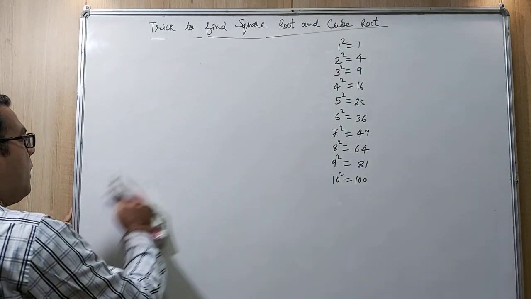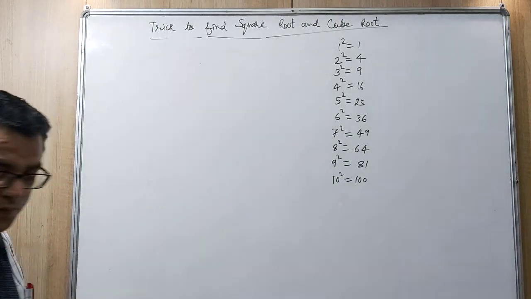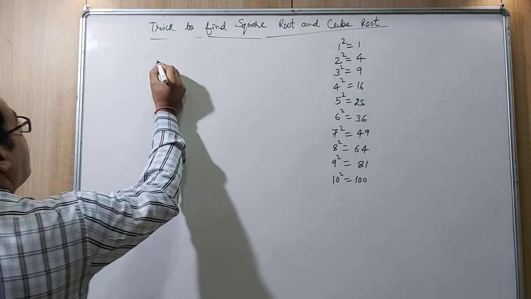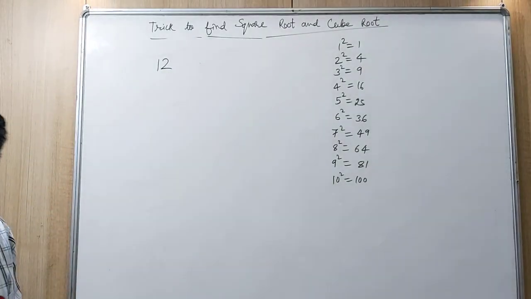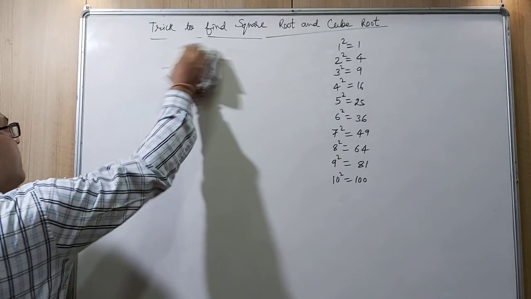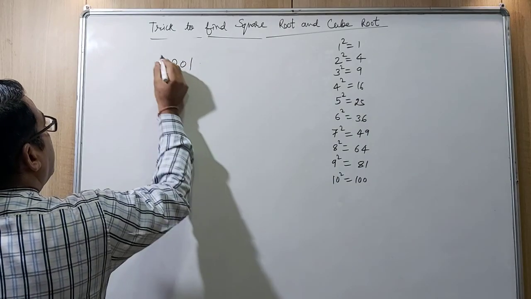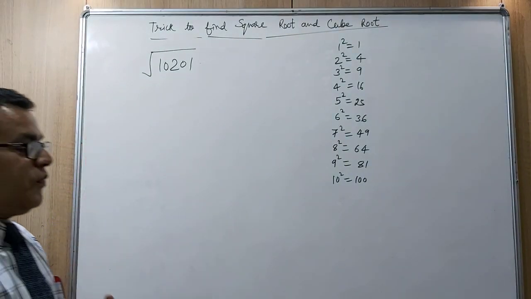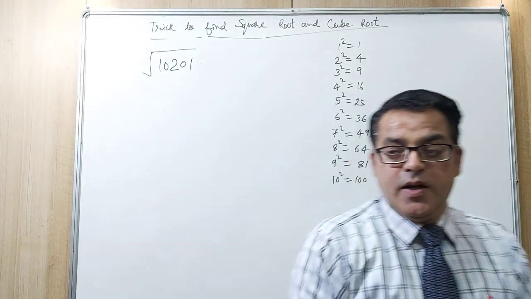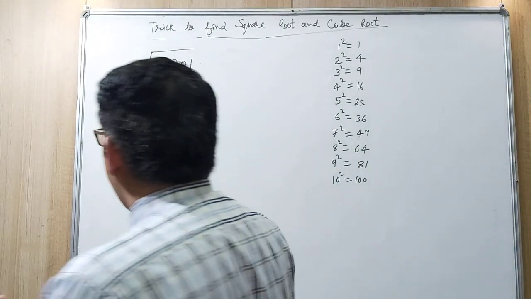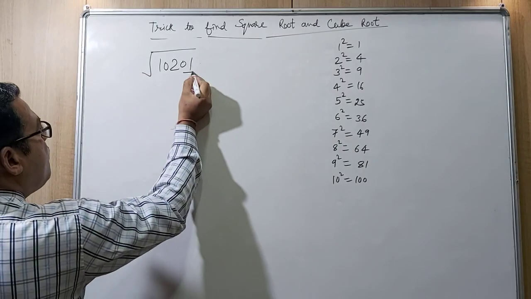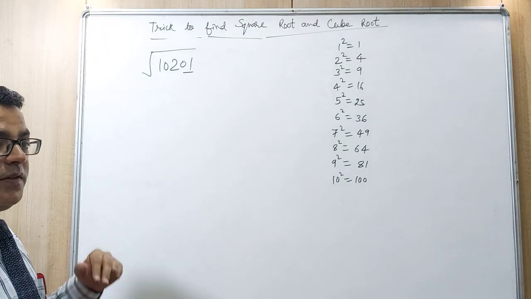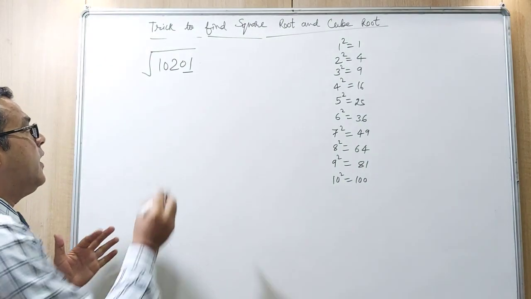Now we will try to solve 5-digit numbers, the square root of a 5-digit number. The first number I am taking here is 10201. Now how can we find the square root of this 5-digit number? It is a big number. So as per the rule, this is the first group, and one important thing that I want to tell you here.